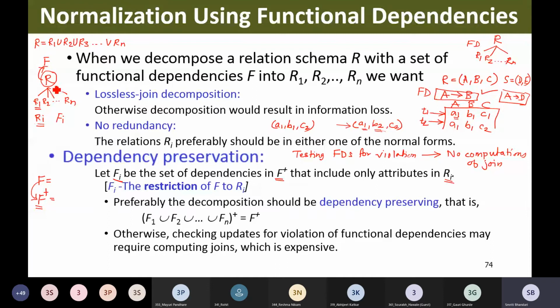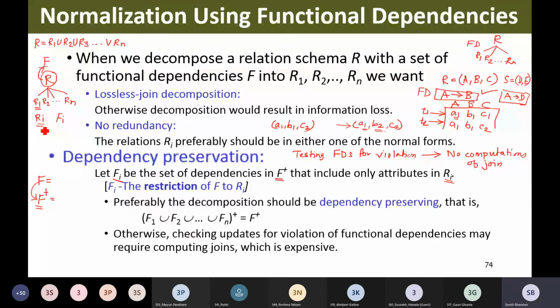And after decomposing this relation R into R1, R2 up to Rn, obviously we have attributes in those relations. So a few of the functional dependencies from F plus are actually referring to the attributes in Ri. I'll repeat. A few of the functional dependencies from F plus are actually referring to the attributes in Ri.